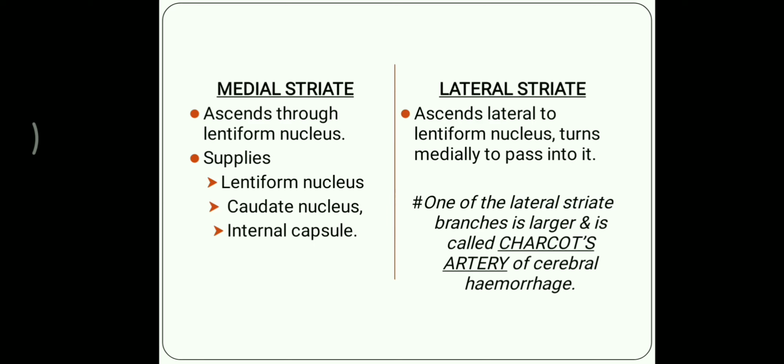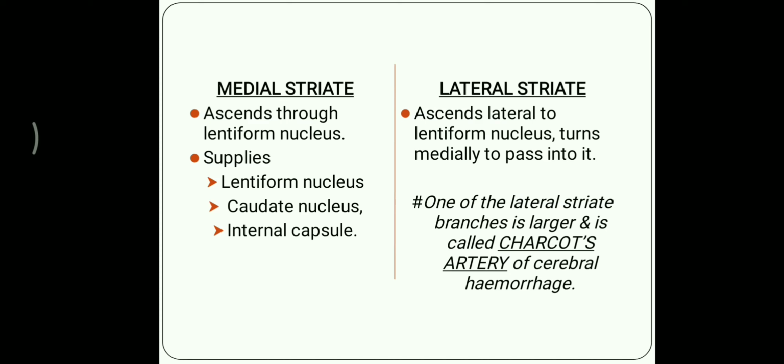The medial striate set ascends through the lentiform nucleus. It passes right through the lentiform nucleus while penetrating it and supplies the lentiform nucleus, along with the caudate nucleus and internal capsule. While the lateral striate set of branches ascends lateral to the lentiform nucleus, it does not pass directly into it, rather it passes laterally to it and further turns medially and supplies it.